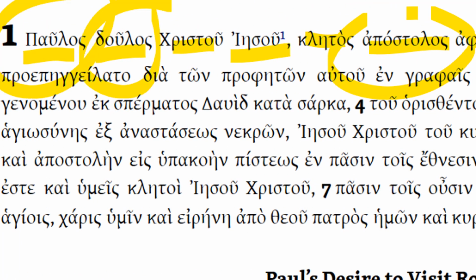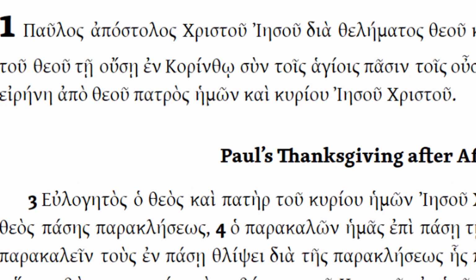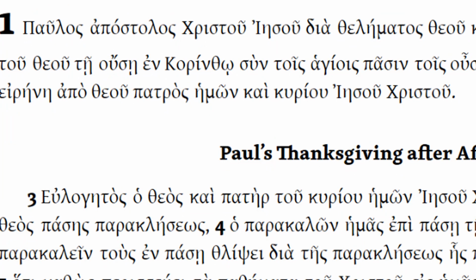So this guy is doulos. He's also an apostolos. This is 2 Corinthians. Let's see if you can figure out who some of these people are. Who do you think Paulos is? That's Paul. Who do you think Christou Jesu is? Christ, Jesus.